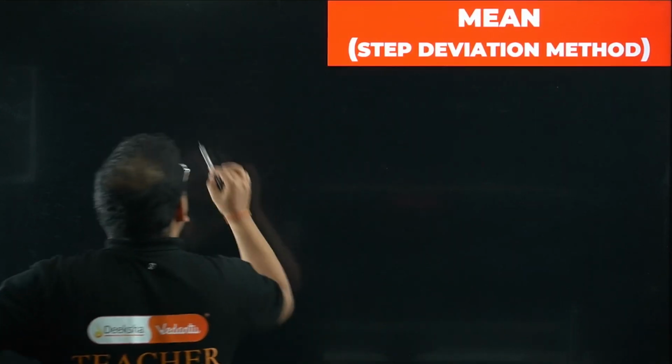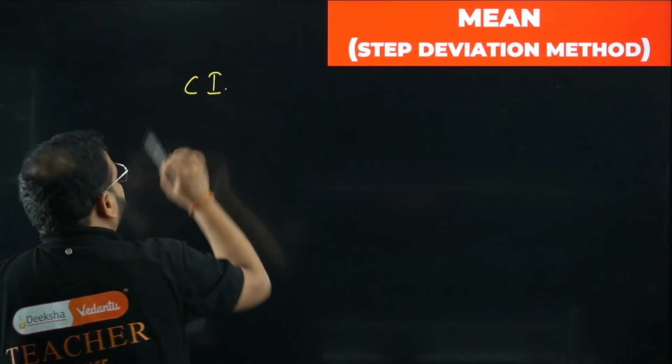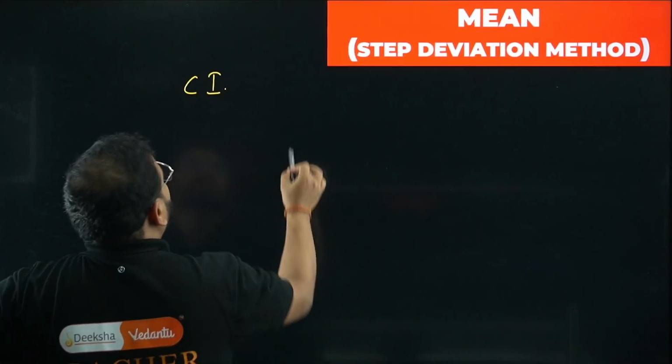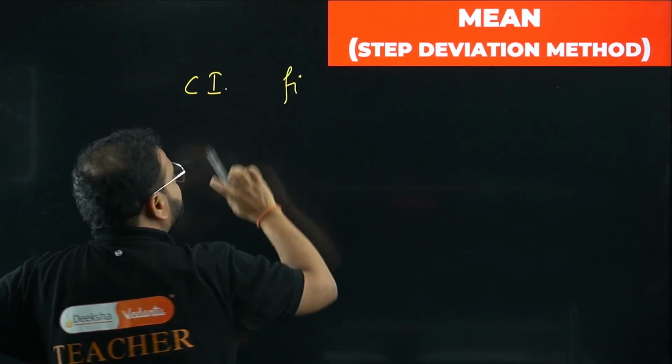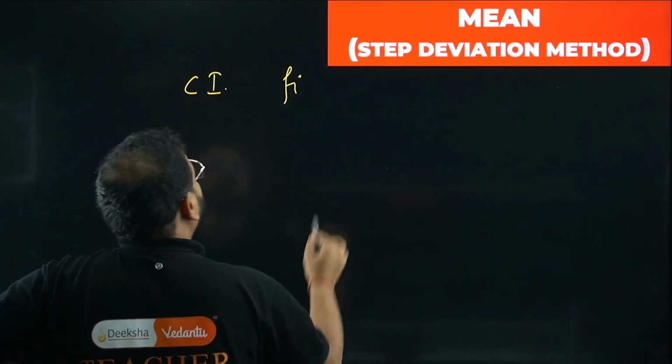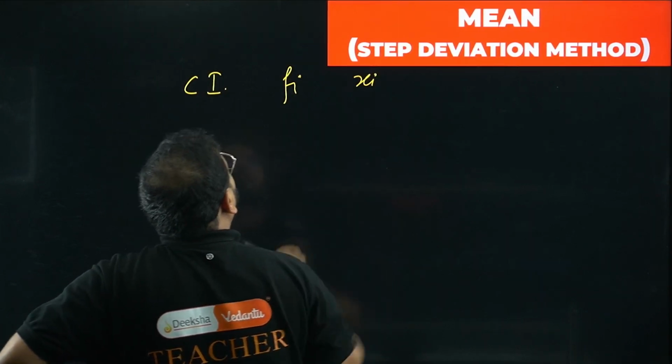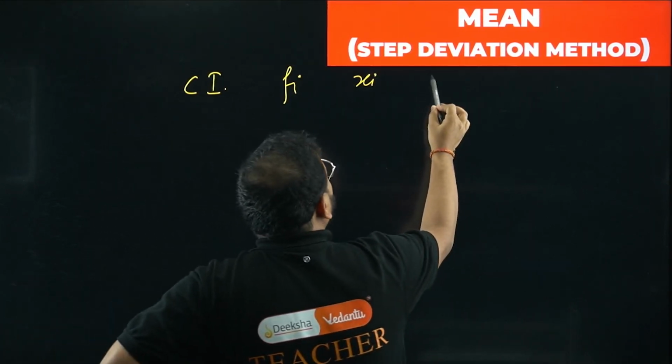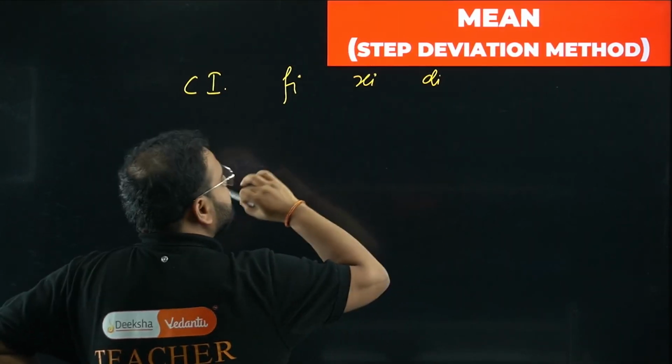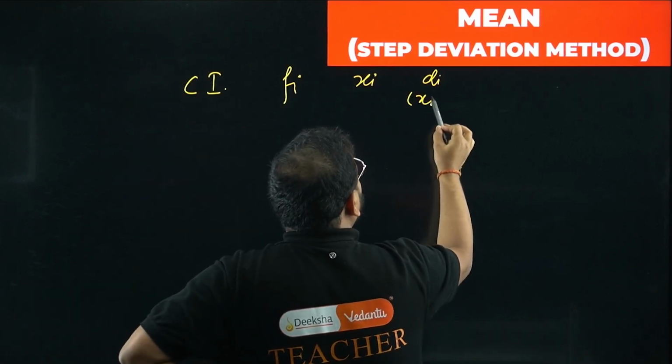Again, what are the columns that we're going to have? We'll have class interval. Then we'll have frequency given. Only these two will be given to you. How are you going to solve this? You need class mark, xi. Then you will need di, which, if you remember, is xi minus a.